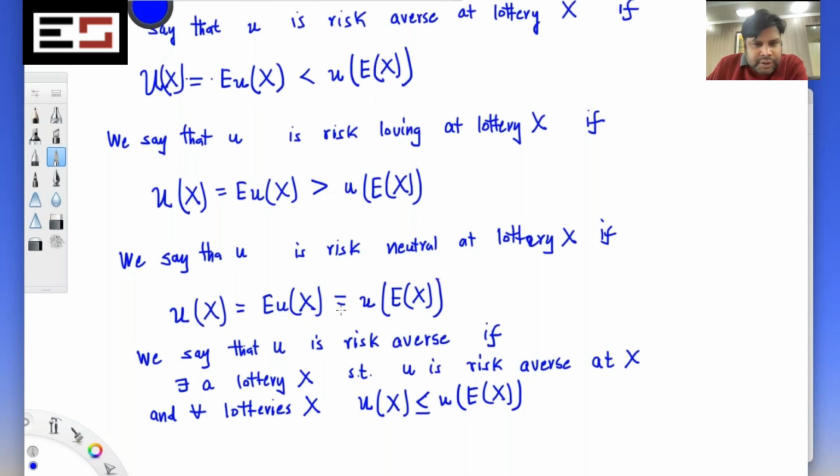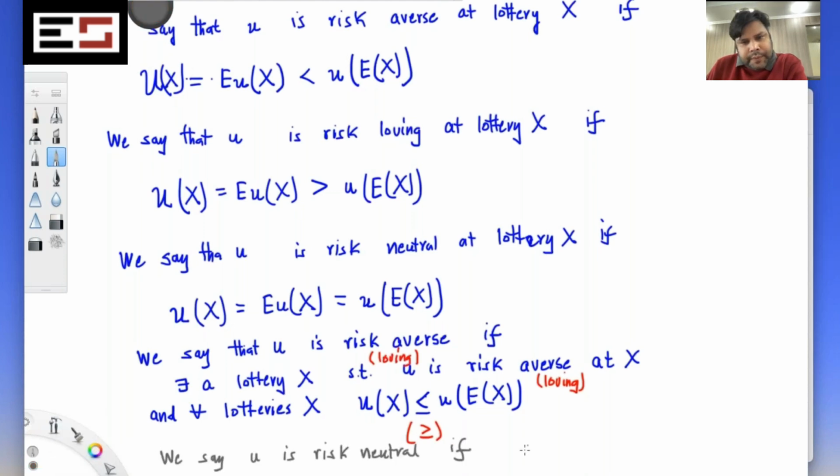So we say u is risk neutral if for all lotteries X, the satisfaction level associated with the lottery, capital U of X, remember that capital U of X is EU of X, must be equal to u of E of X.